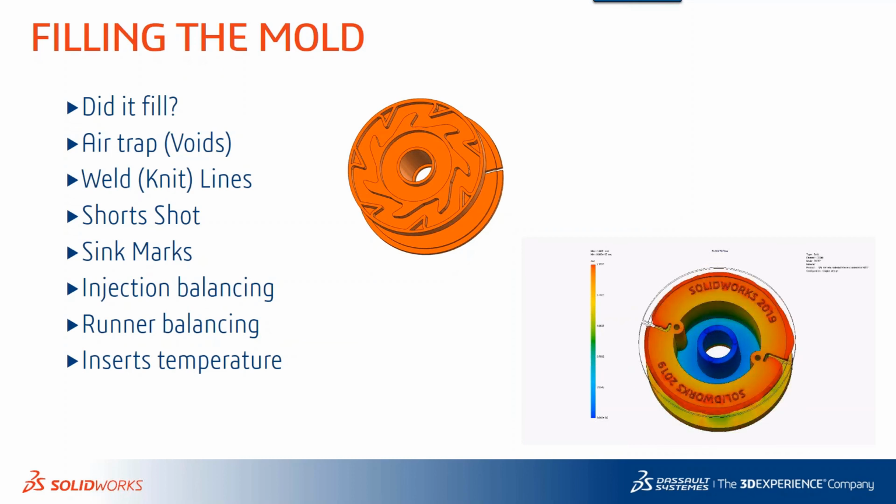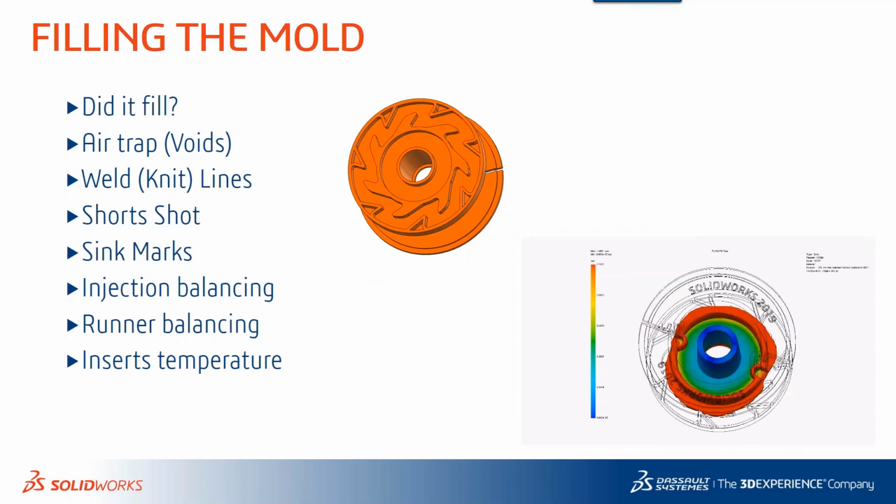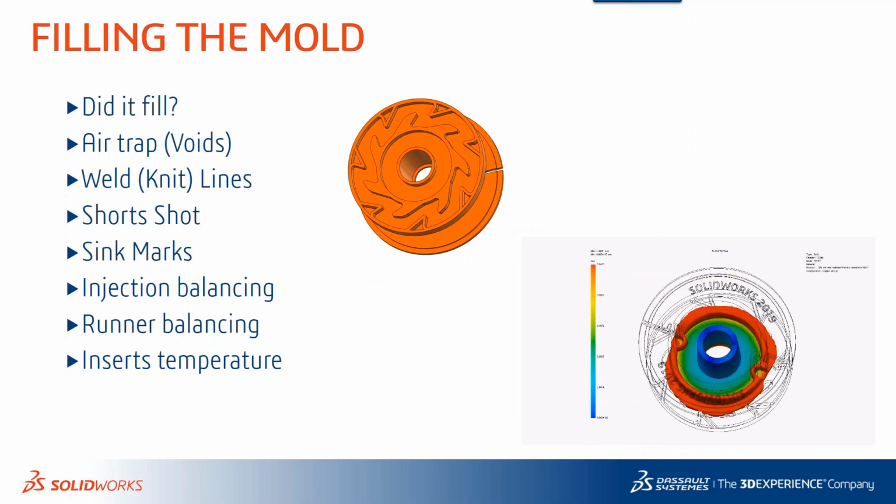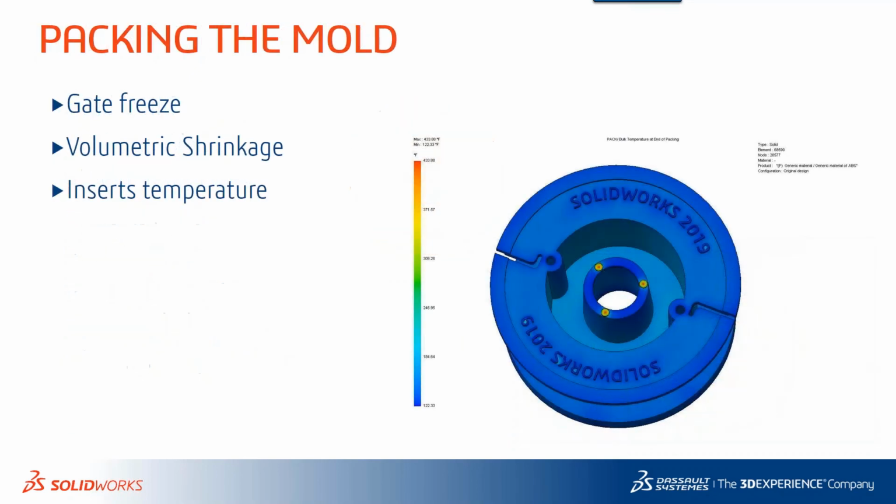Now, during the filling, we'll be able to identify things like air traps and weld lines, which is not a focus of today's webinar, but for some of you who are not familiar with SOLIDWORKS Plastics, we're able to cover all of this in that fill process.